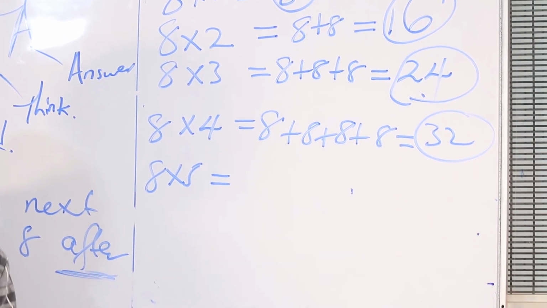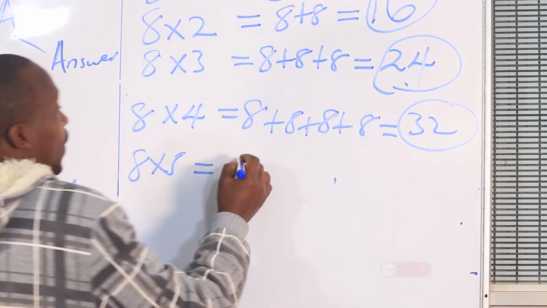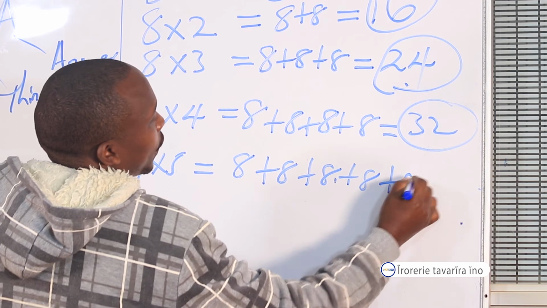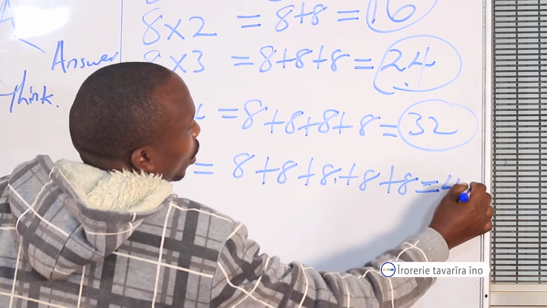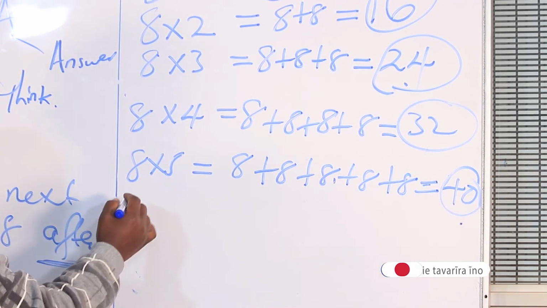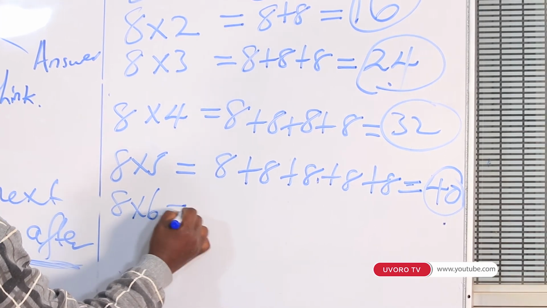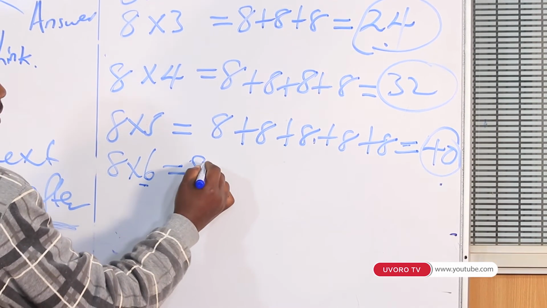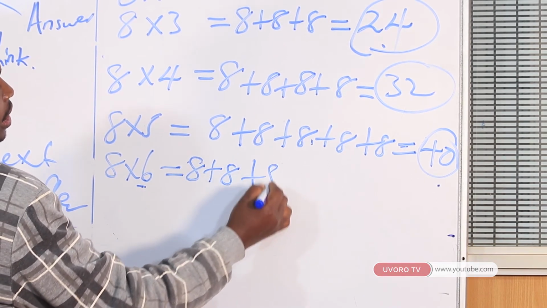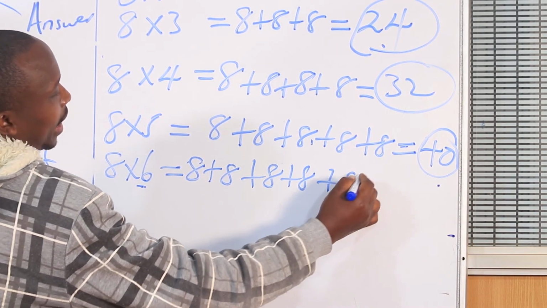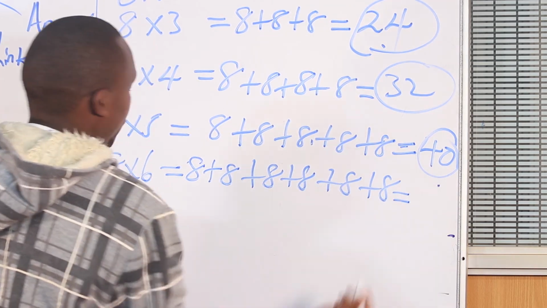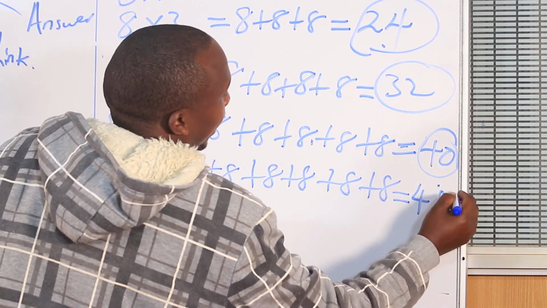8 times 5. 1, 2, 3, 4, 5, which gives you 40. Very good. 8 times 6. You have 6 eights. 1, 2, 3, 4, 5, 6. That is 48.